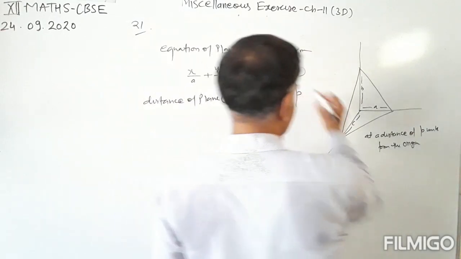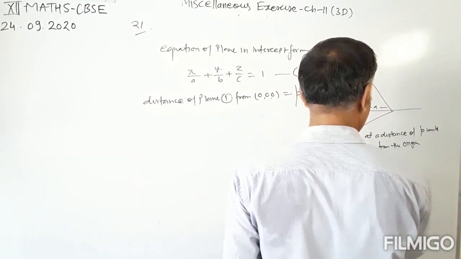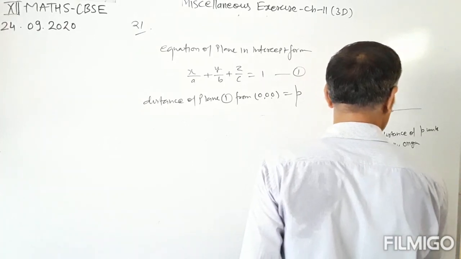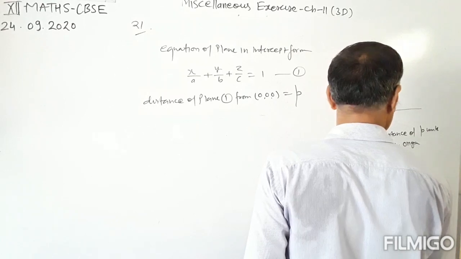The distance formula is (ax1 plus by1 plus cz1 plus d) upon the square root of a square plus b square plus c square.